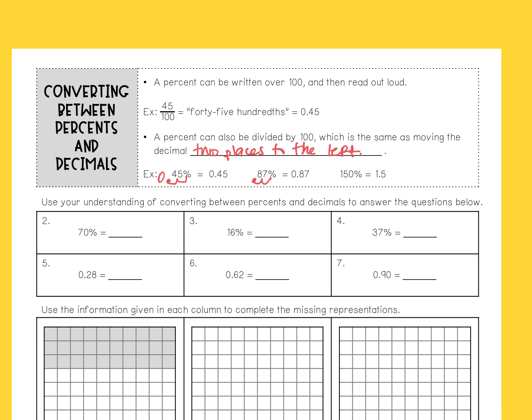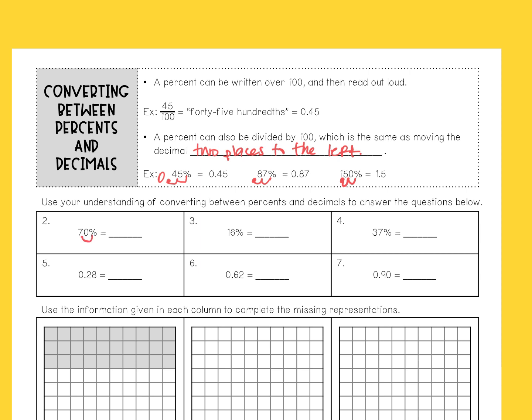87 hundredths is the same as 87%. And 150%, if I move it twice to the left, my decimal will go between my 1 and my 5, so it's 1.5. Now we're going to use our understanding of converting between percents and decimals to answer the questions below. I want to convert 70% into a decimal.